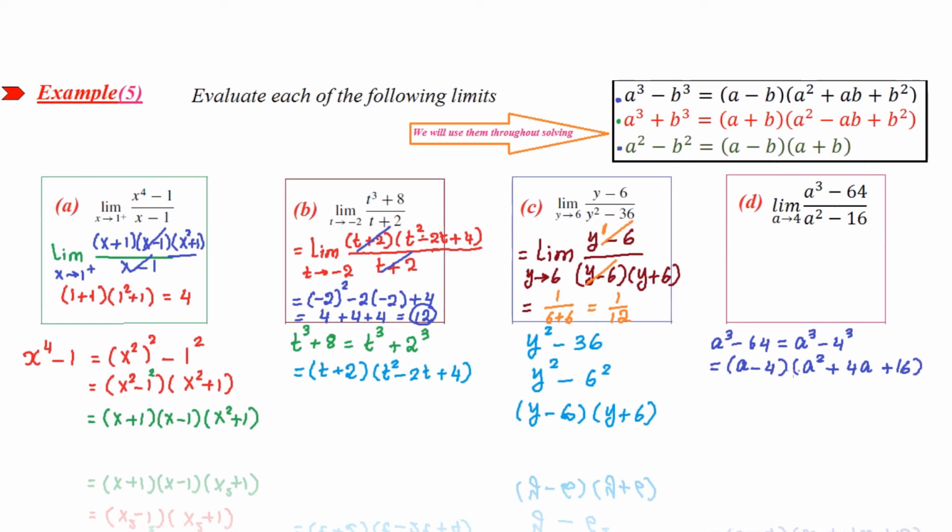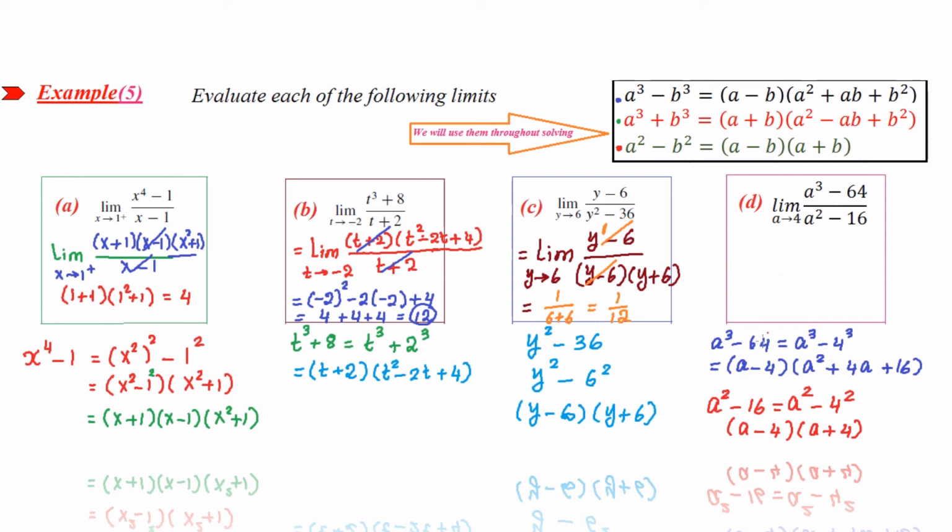This is the factorization of numerator. Then we will go next to factorize the denominator, and denominator is a square minus 16, and you can write 16 as a square minus 4 square, and by applying this rule you will get a minus 4 multiplied by a plus 4.